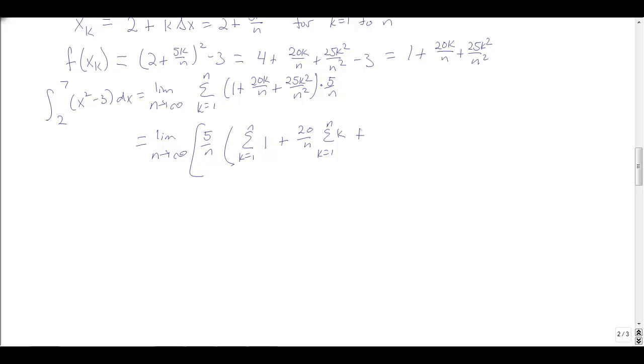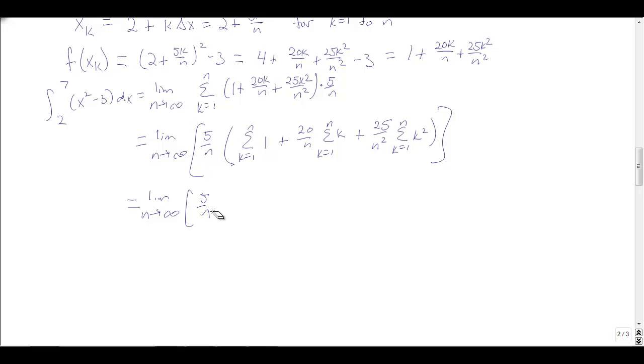And I can do a similar thing with the 25k squared over n squared. Pull the part out that doesn't have a k, and then I get a k squared. Then I'm going to use my formulas for the summations k equals 1 to n of 1 and k squared.